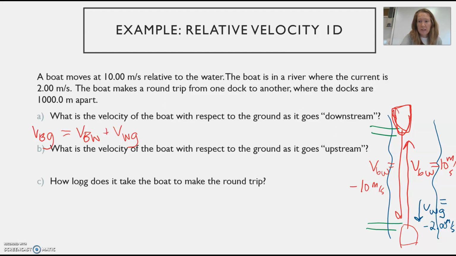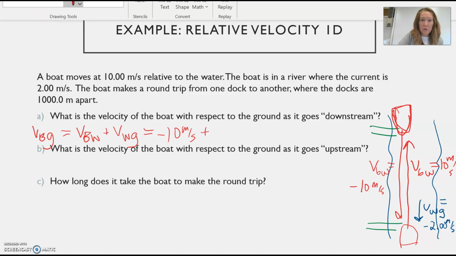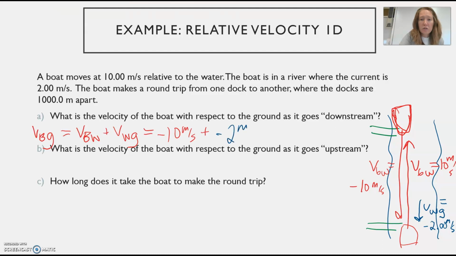I can do this. Now, as it goes downstream with the current, isn't it going to go faster? Doesn't the current help? So then I'm going to do boat with respect to water, -10, plus water with respect to ground, which is -2.